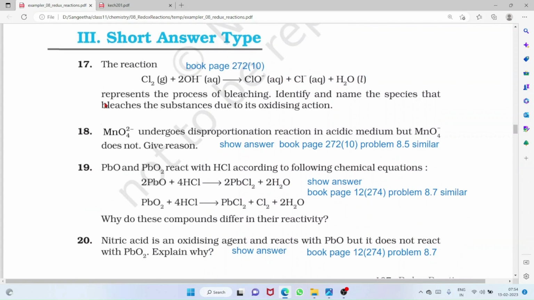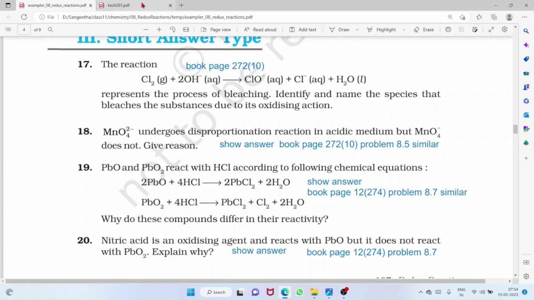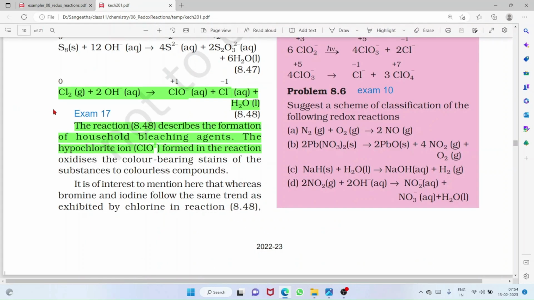Short answer type. The reactions represent the process of bleaching. Identify and name the species that bleaches the substances due to its oxidizing action. Okay, so here, if you see in the book, the reactions. Okay, this reaction describes the formation of household bleaching agents.